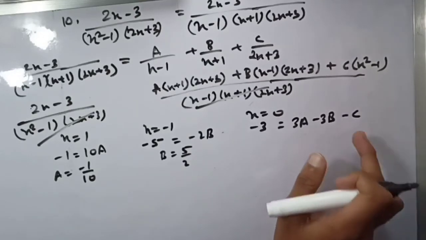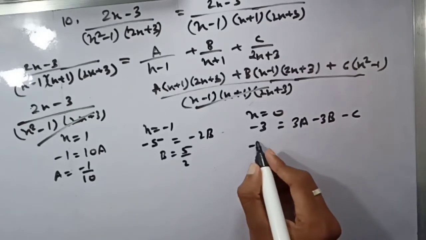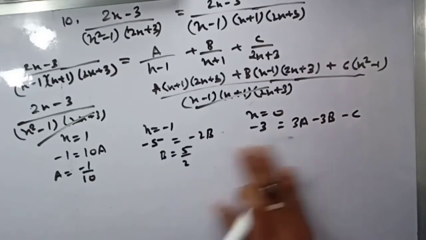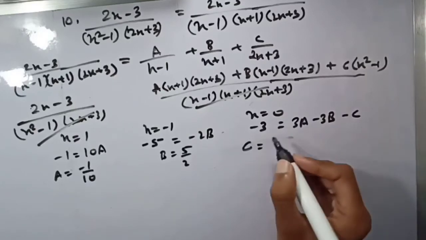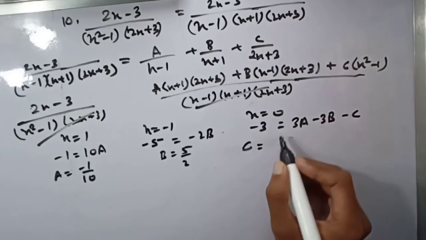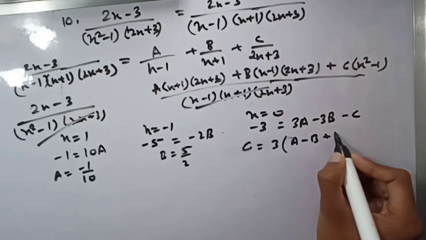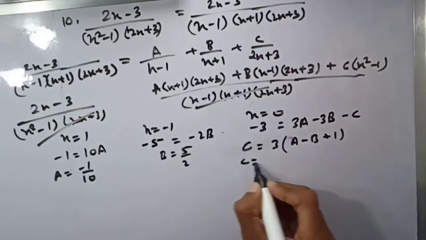So we need to find the value of c. We already know the values of a and b, so we put them in. We can separate this term: c comes out on the right side, and in all the other terms 3 is common. So it is a minus b plus 1, and c is equal to 3.